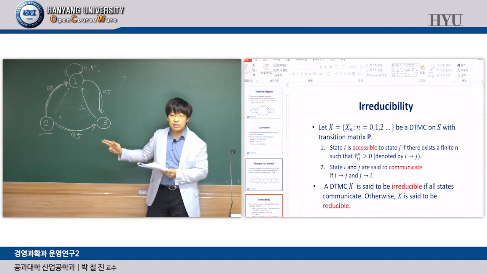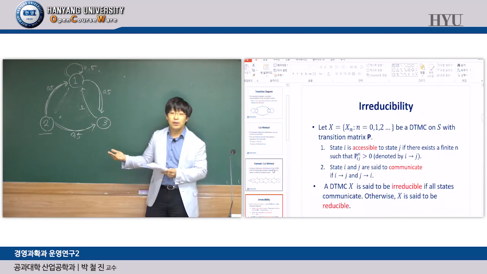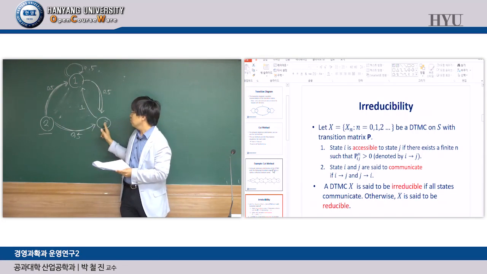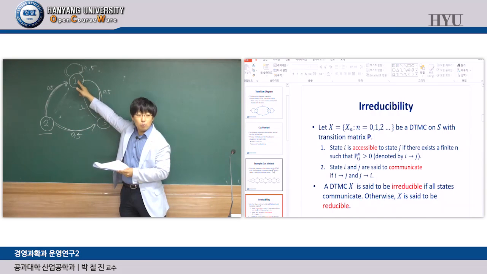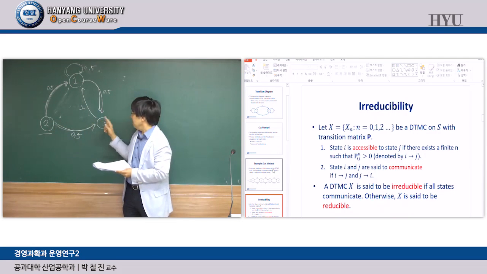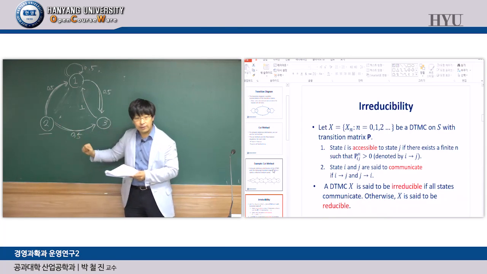No, it is impossible. Even if you consider many steps, it's not possible to make the transition from 1 to 2 or 3 to 2. So we call this 1 is not accessible to 2, and 3 is not accessible to state 2.